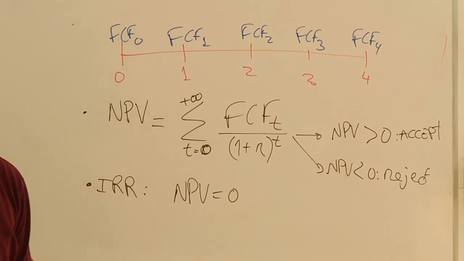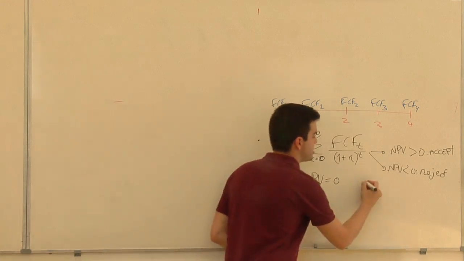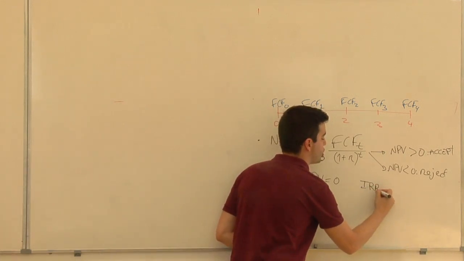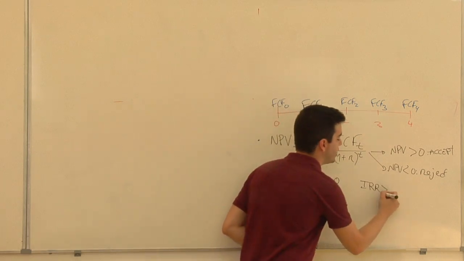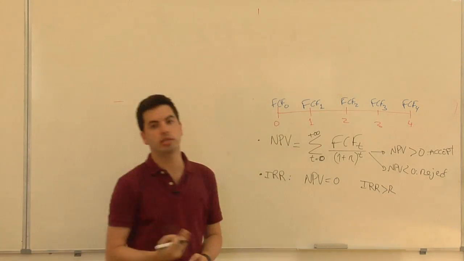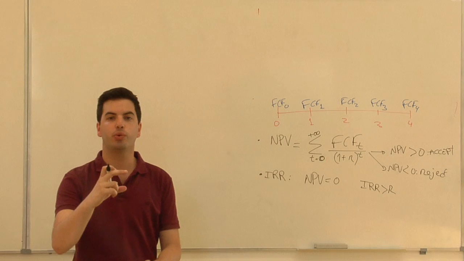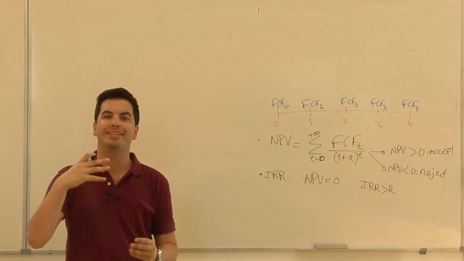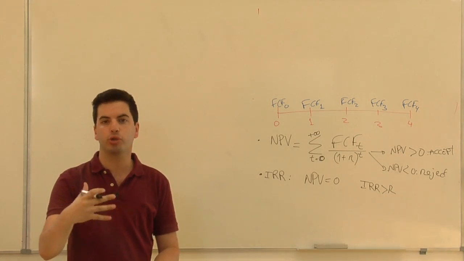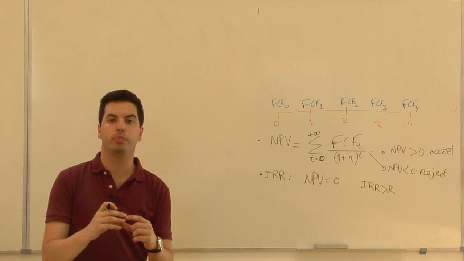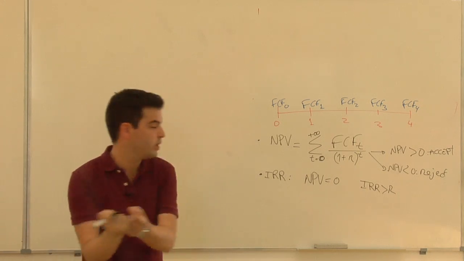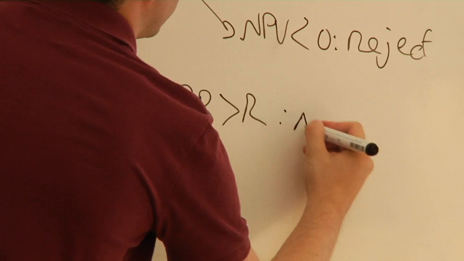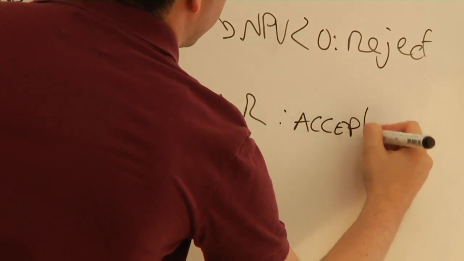Once we find the internal rate of return, we can also say whether or not we accept the project, in general, in most cases. If the internal rate of return is larger than the discount rate, it means that the return you are getting is above the discount rate. It is above the opportunity cost, so you are getting more than your best alternative. In this case, you accept the project.